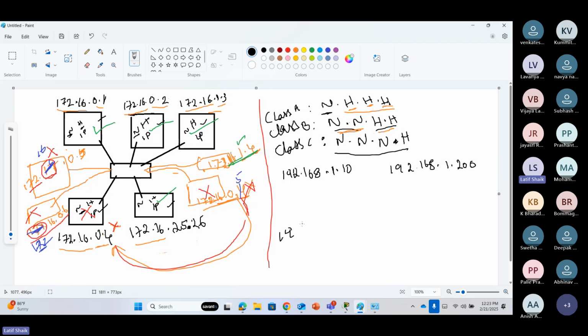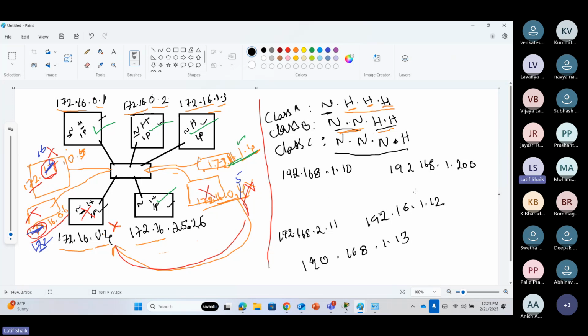Another system 192.168.2.11. Another system 192.16.1.12. Another system 190.168.1.13.